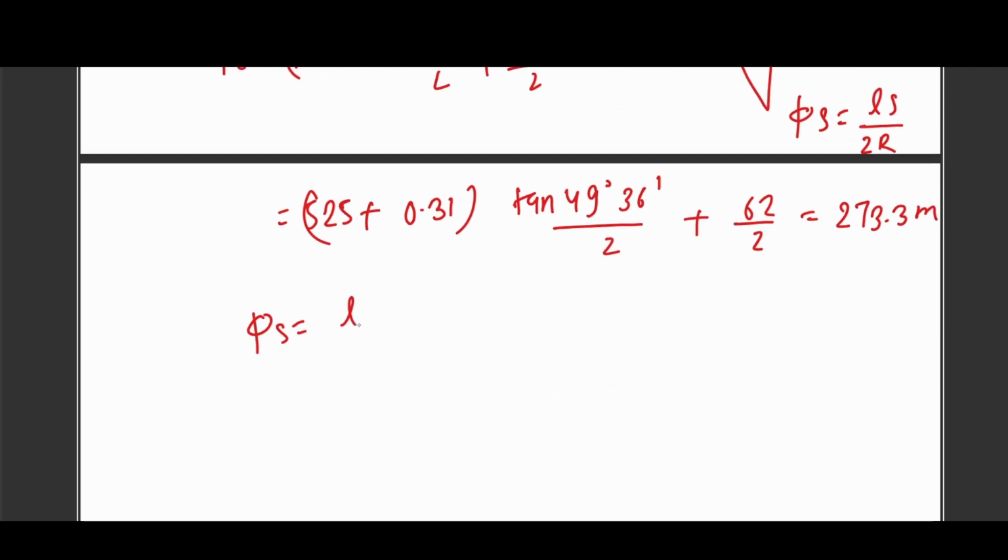Ls equals 62, so 62 divided by 2 into 525, this will be in radian. We need to convert the radian into degree, so multiply by 180 divided by pi. So the value of phi s is 62 divided by 2 into 525 into 180 divided by pi, and the value will be 3.38 degree.